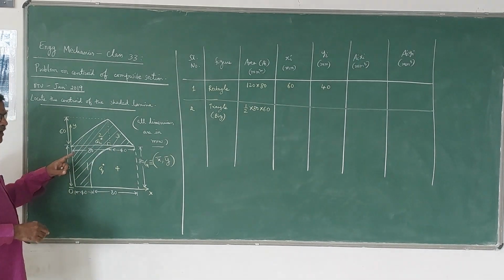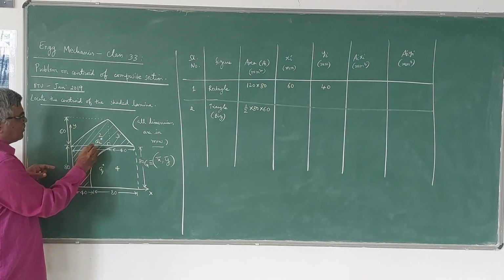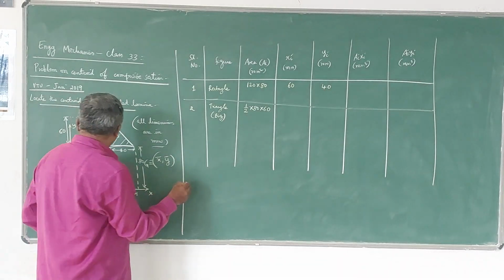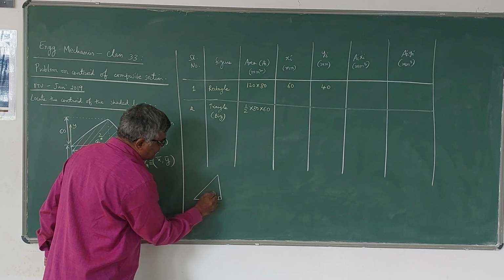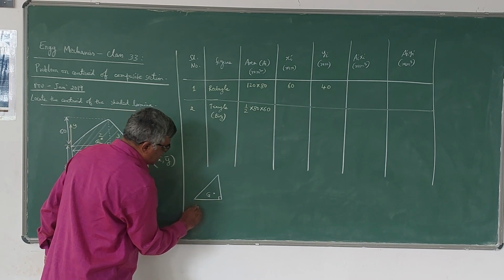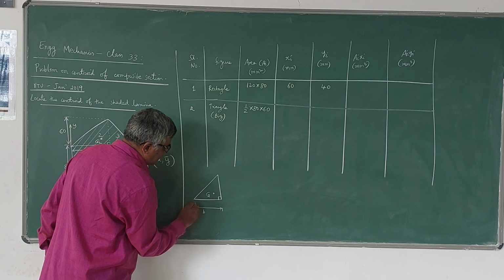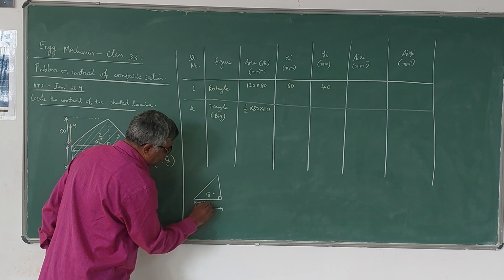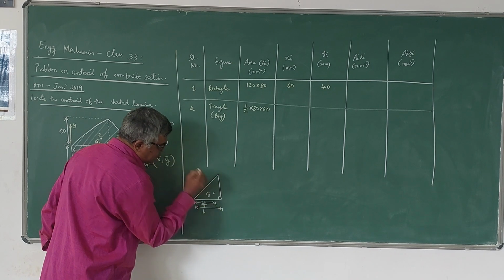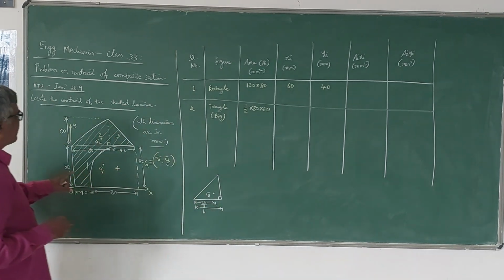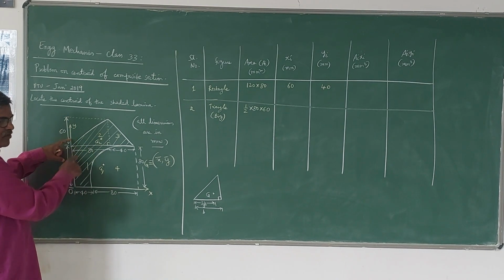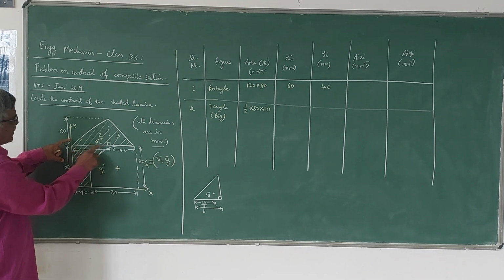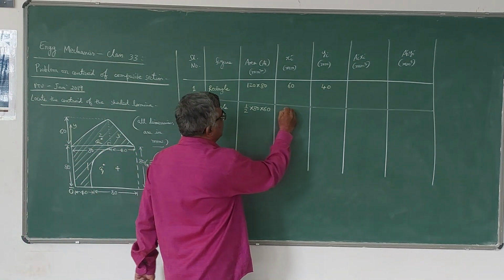In the case of a triangle, we have already derived the expression: for a right angle triangle with base b, G is at a distance of 2b by 3 from the vertex, and from the other side it is b by 3. Therefore, the x value for G2, since we are measuring from the vertex where the y-axis is, is 2 by 3 of 80.